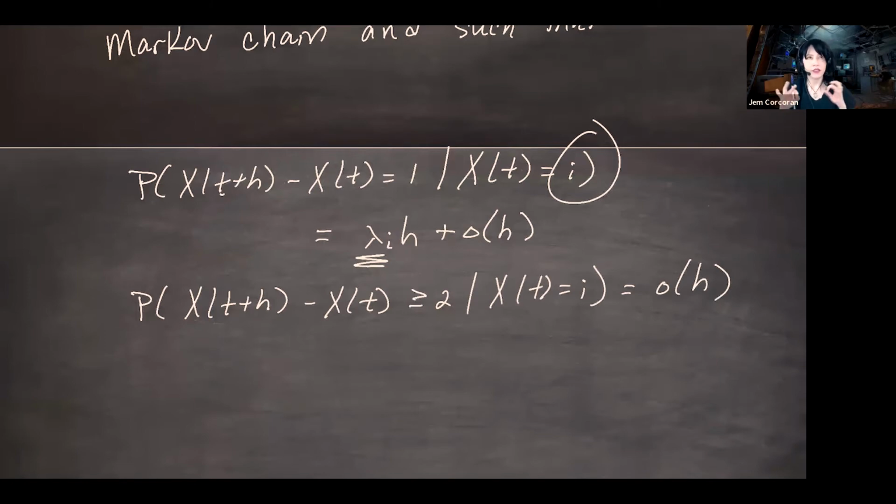And these statements only make sense if I include up at the top as h goes down to 0, because if someone were to walk in and see you doing that with an h there, they could think that's a generic time increment. And actually, I guess it's still right, but then you would have actual interesting probabilities and not just the little o stuff, which is to describe what's going on in a tiny interval.